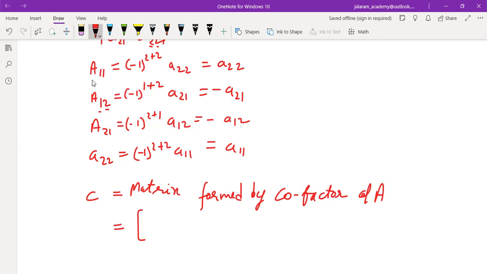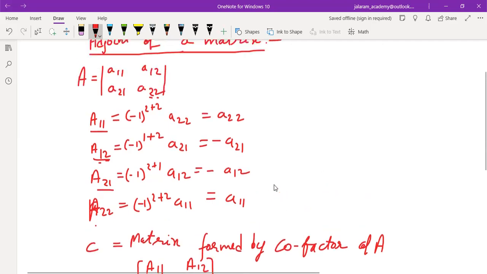So first element A11, then A12, A21, and finally A22. All the cofactors are written in place of the elements.